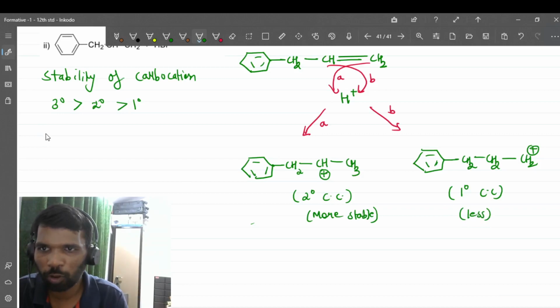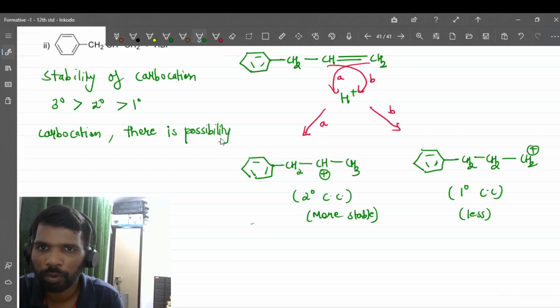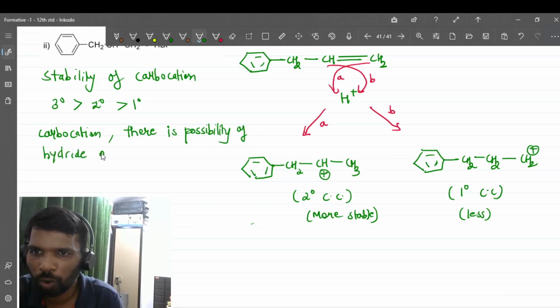Whenever there is a formation of a carbocation, there is a possibility of a hydride shift or a methyl shift, only to increase the stability.